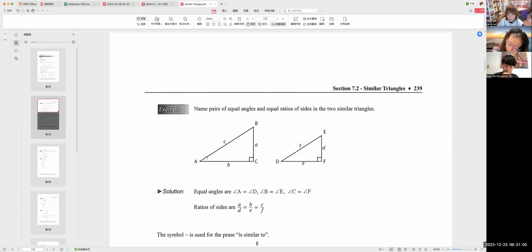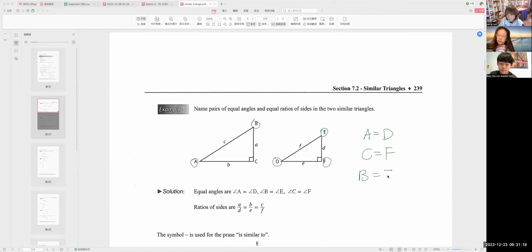Okay, let's take a look at this one. It's the same thing. Name pairs of equal angles and equal ratios of the sides in the two similar triangles. How do we do it? Very easy. A equals D. When you have the angles, you use capital letters. C equals F and B equals E, right?